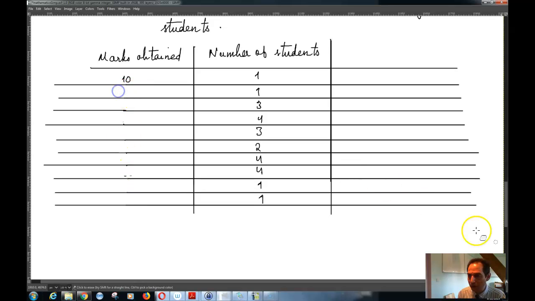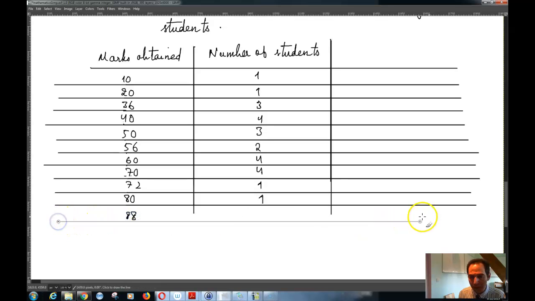So the marks are actually 10, 20, 36, 40, 50, 56, 60, 70, 72, 80, 88, 92, and 95.